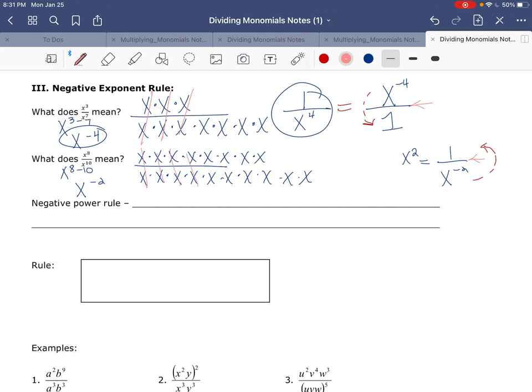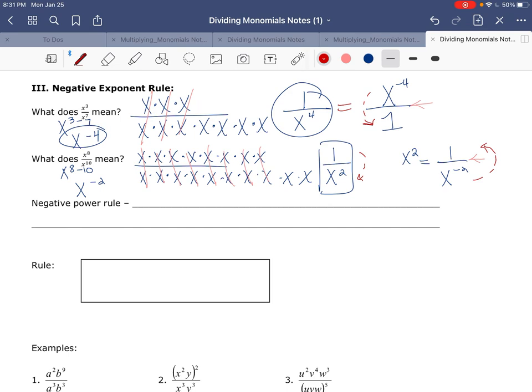Remember, anything divided by itself is 1. I'm left with 1 in the numerator and then x squared in the denominator, which goes right along with our idea that if x to the power of negative 2 has this negative exponent in the numerator, I would need to drag it down to the bottom.